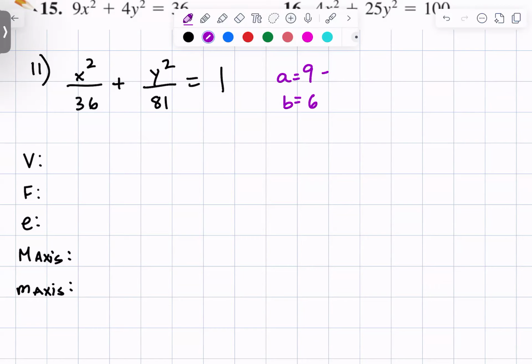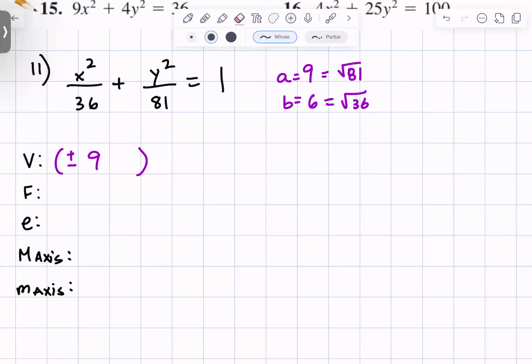And I got 9 because that's the square root of 81. I got 6 because that's the square root of 36. Okay. Vertices will always lie on the major axis. So this is going to be 0, comma, plus or minus 9.